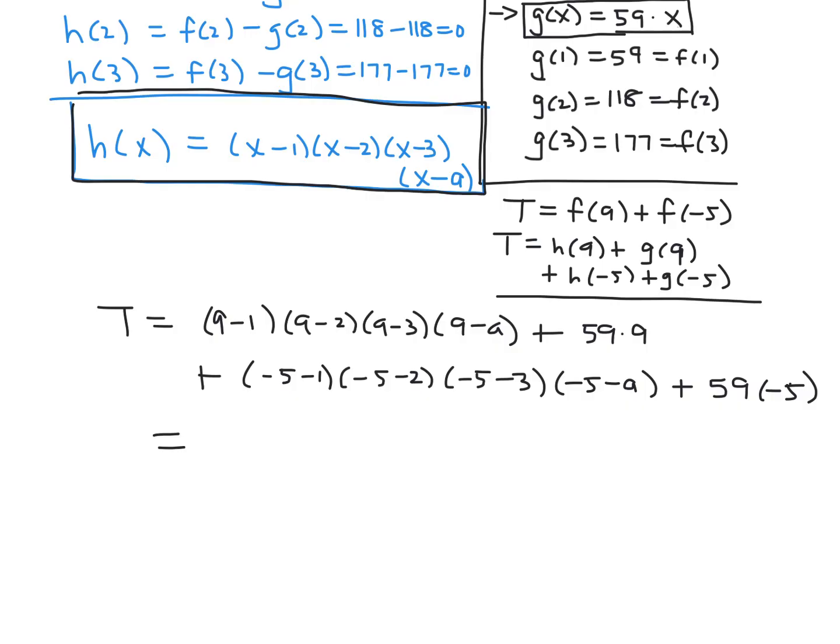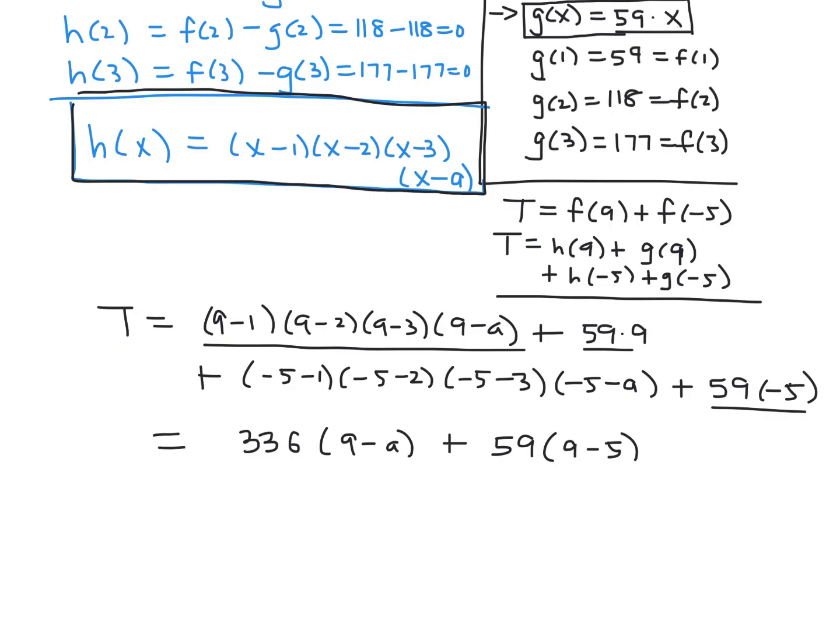So the first one, this whole thing, is 336 times 9 minus a. And then 59 times 9. I'll just factor out the 59 from these two, and I'll get 9 minus 5. And then the other one, this whole thing here, is 336 times 5 plus a.